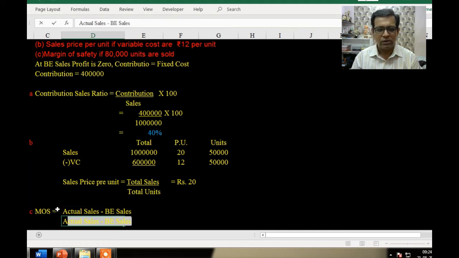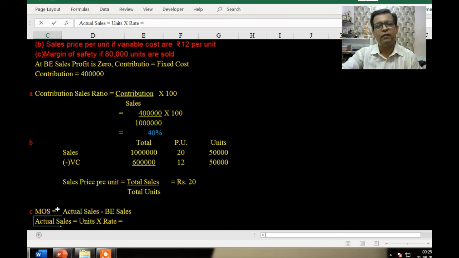Let's calculate actual sales. Actual sales is equal to units into rate. They have given to us in the question very clearly, if 80,000 units are sold. So units are 80,000 multiplied by rate, which is 20. So guys, 80,000 into 20 is exactly 16 lakh rupees.